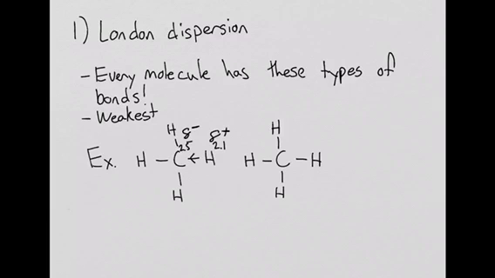And sometimes the hydrogen will pull on the carbon just a little bit, so there's going to be a delta negative on this hydrogen and a delta positive on this carbon. All right, so this attraction right here between the positive and the negative is what a London dispersion force is.